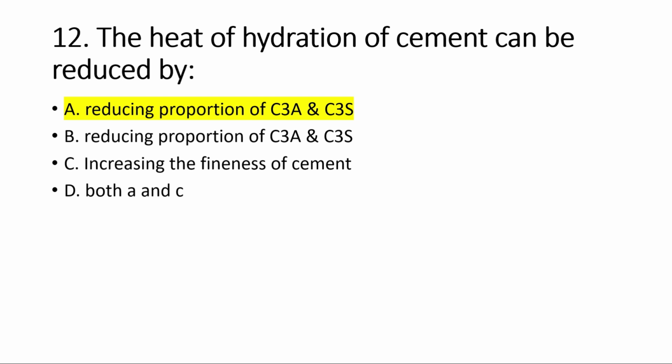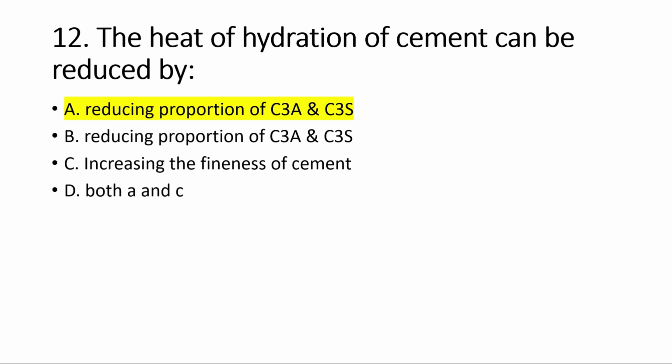We know massive structures like dams are built using low heat cement, which has more dicalcium silicate, that is C2S, and reduced C3S proportion. So to control the heat of hydration of cement, we have to reduce the proportion of C3A and C3S. Okay, so option A is correct.